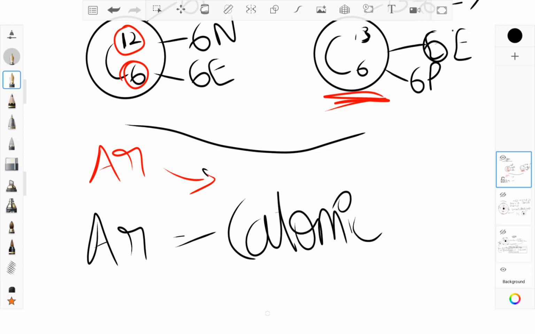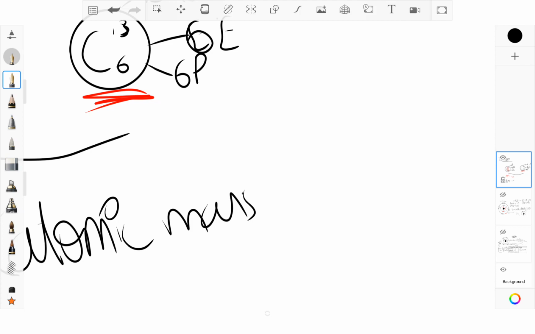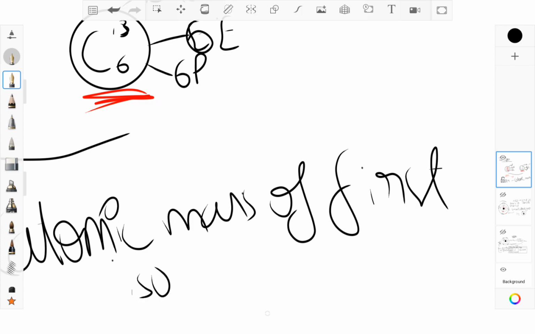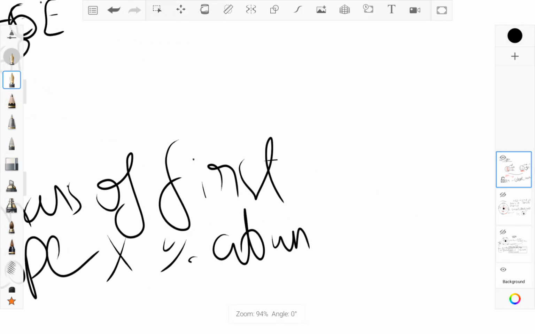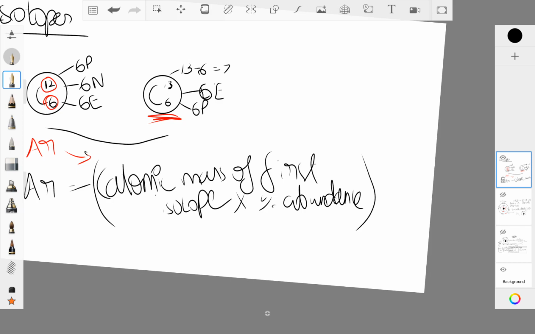Atomic mass of the first isotope times its percentage abundance, put that in brackets, plus the atomic mass of the second isotope times its percentage abundance, and so on and so on.